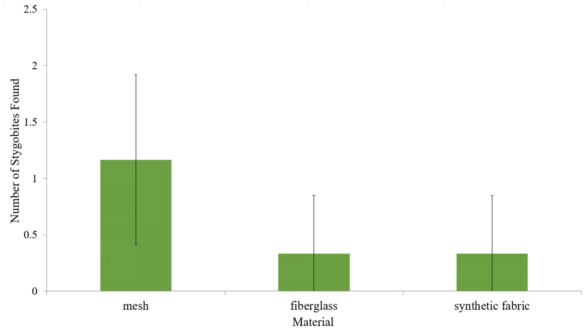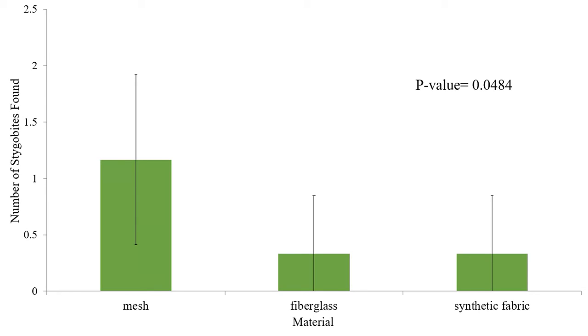And using the same ANCOVA, for the material IV, I found a p-value of 0.0484, and that meant that material did have a significant effect on the number of stegophytes found, but that didn't tell me which material was the best one.